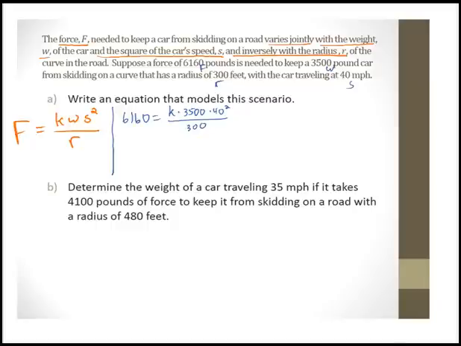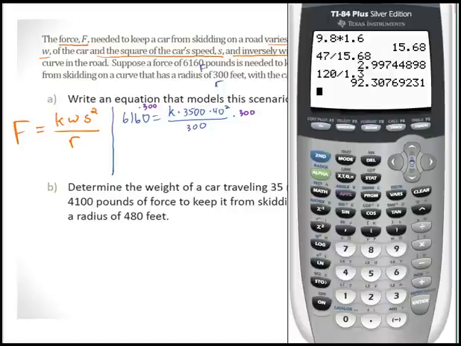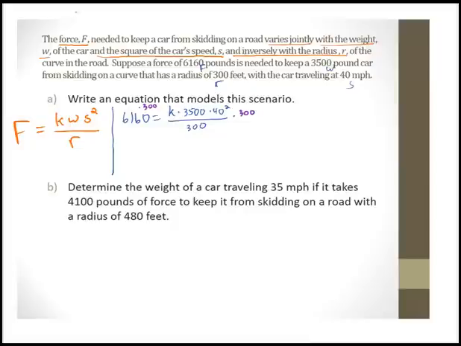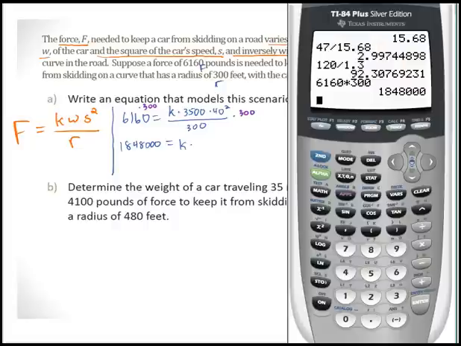Let me multiply by 300. 6,160 times 300 is 1,848,000. And I have K times now 3,500 times 40 squared. 3,500 times 40 squared is 5,600,000.